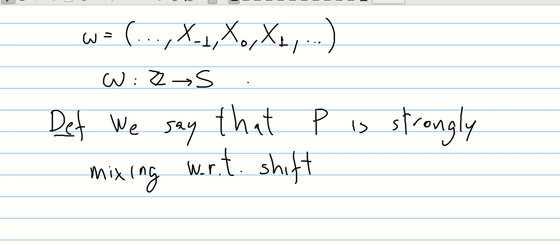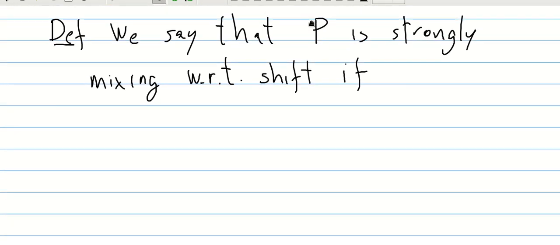By the way, P, as I said, is a probability on S to the Z. If the following happens, you take any event A that is measurable with respect to the canonical projections from minus infinity all the way to t.